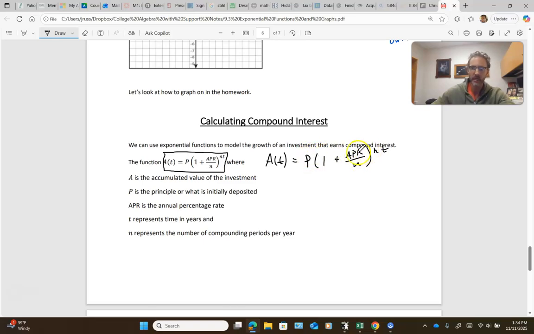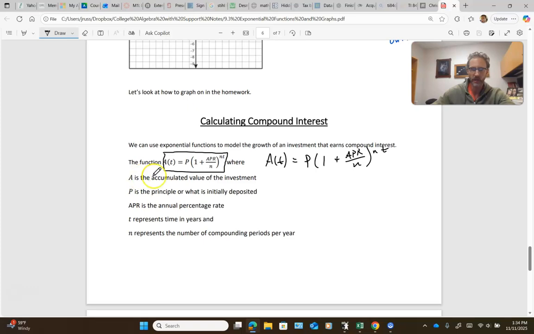That's what the P, the APR, and the n represent. These are called parameters. They'll change with the scenario. Now your independent variable is t, and notice where that is. It's in the exponent's place, so that's why this is an exponential function.